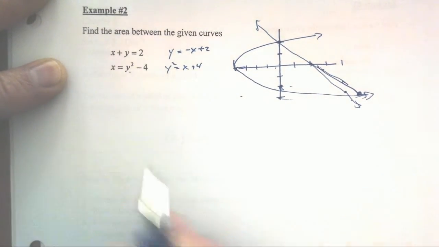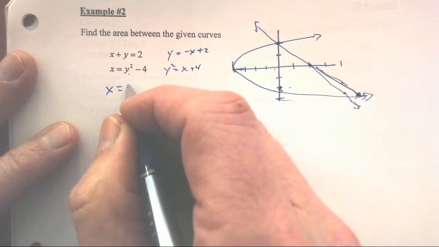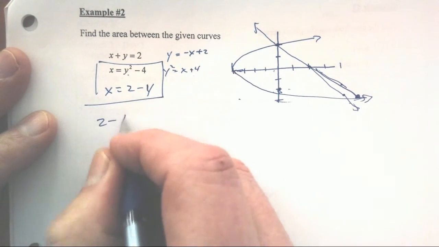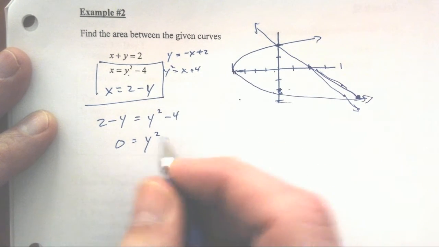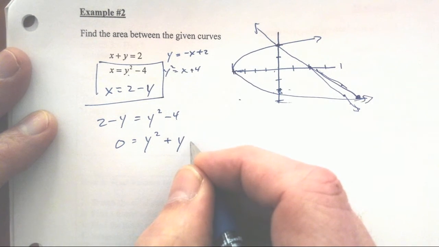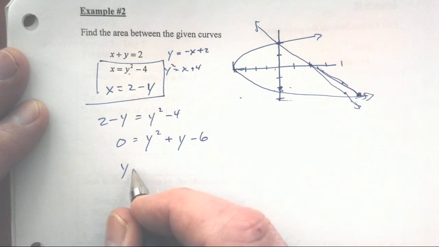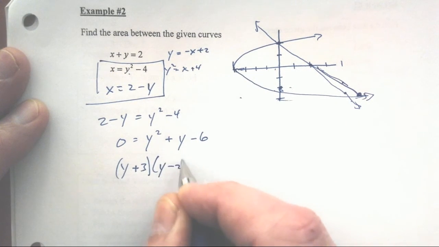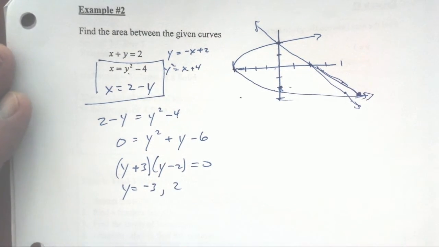But let's go ahead and find some solutions to this thing. It's easy to solve both of these equations for x. So I get x equals 2 minus y. And I'm going to solve these simultaneously. So 2 minus y equals y squared minus 4, where 0 is y squared plus y minus 6, almost the same function we just dealt with. I get y plus 3 times y minus 2 equals 0, or y is negative 3 and y is 2.